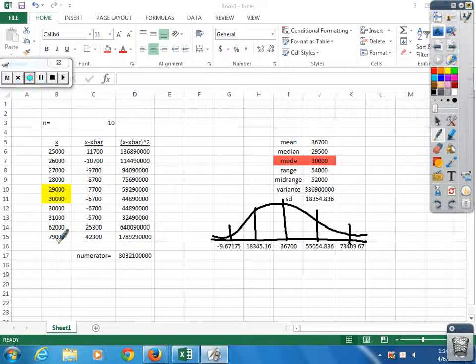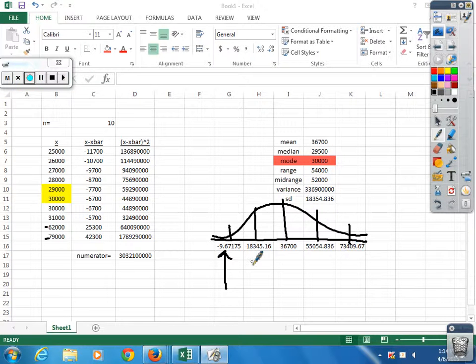What numbers throw the data out of whack? The 62 and the 79. Why? Because they're like 30,000 more. Exactly. And that's why you've got this negative right here, because the data is kind of out of kilter. If you were to throw the 62,000 and the 79,000 out, then the data would be a whole lot tighter and you'd have a better normality curve.